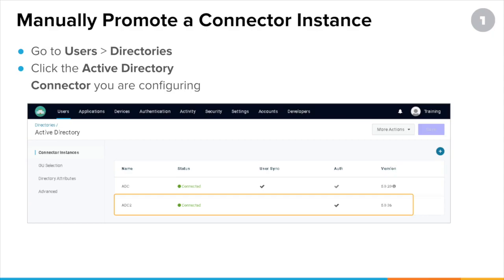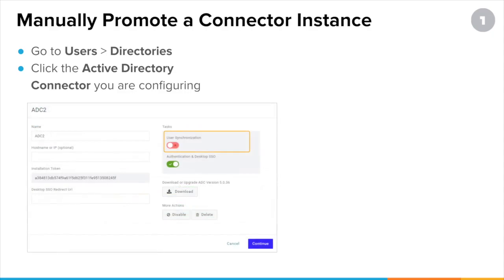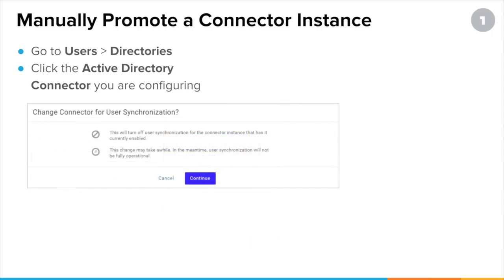Just click the one you want to promote, in this case, ADC 2, and toggle the user synchronization green. A warning pops up telling you that the current primary, the one currently handling the syncs, is no longer going to be able to handle those syncs, and all you have to do is click Continue.